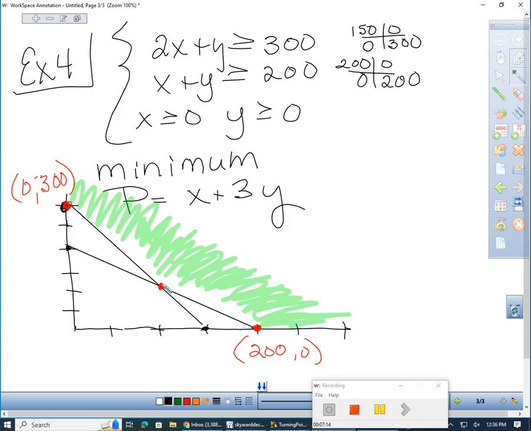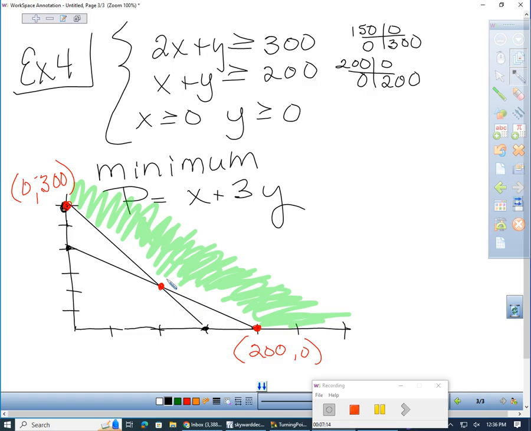Well, if you want to just look at the graph and guess what that point is, what do you think it looks like? 100, you think? I don't even know what you went up on the side. I went by 50s. You're going to guess 100, 100?